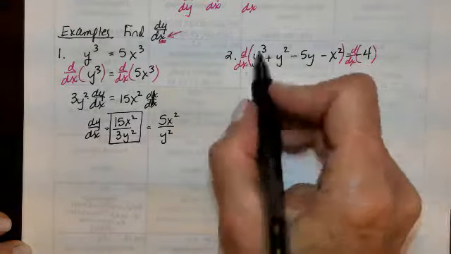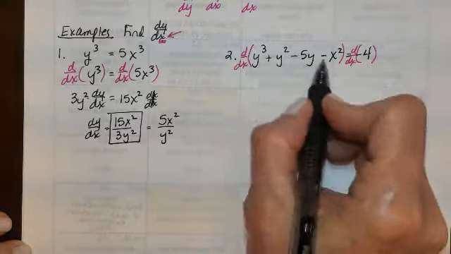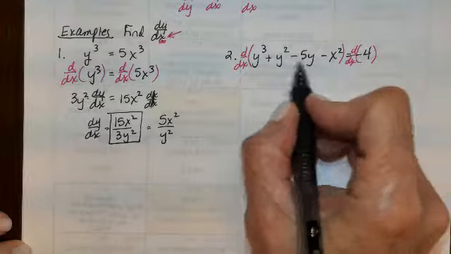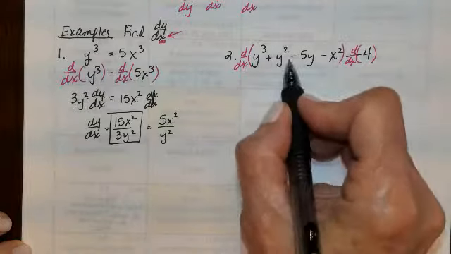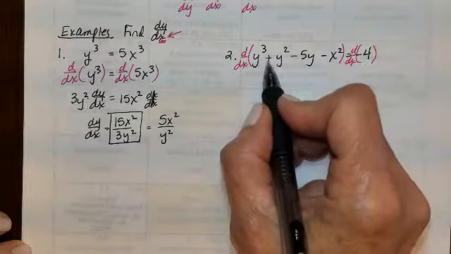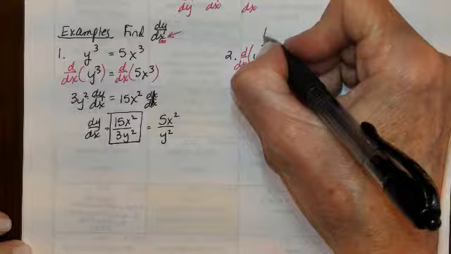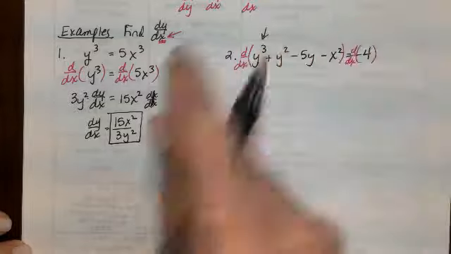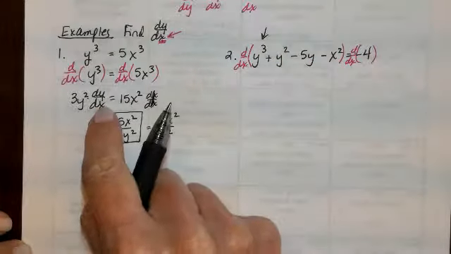And now, since this whole thing is not y, I'm just going to go piece by piece. Okay? And whenever there's a y piece, I'm going to multiply by dy dx.